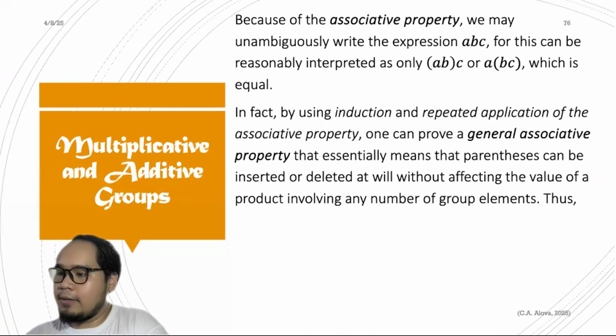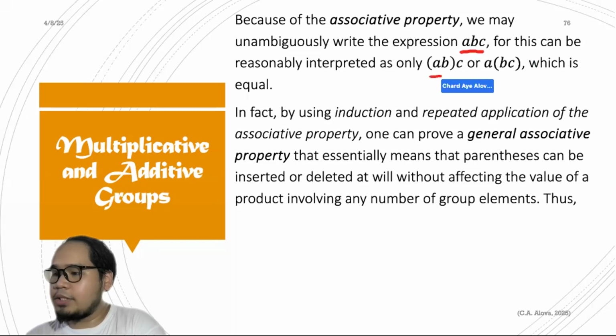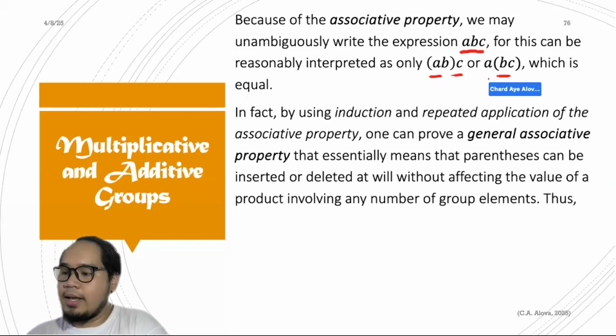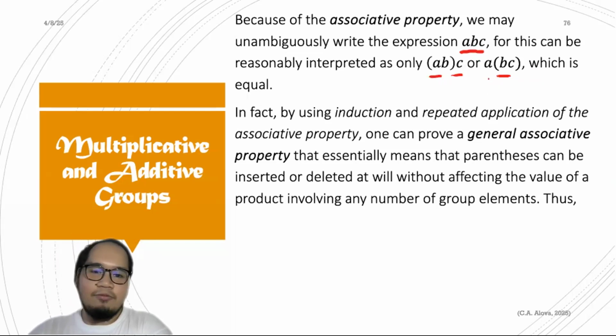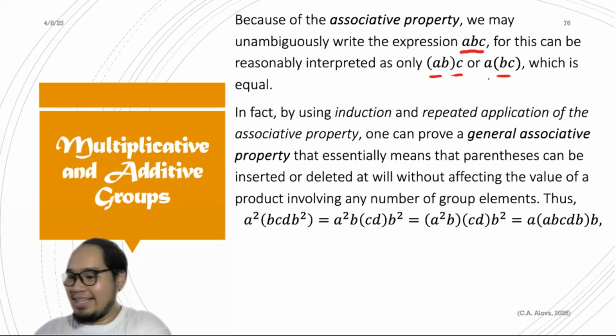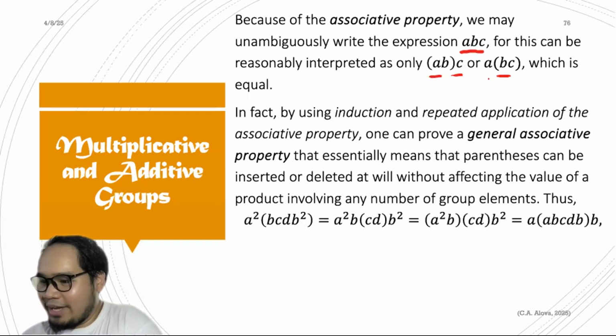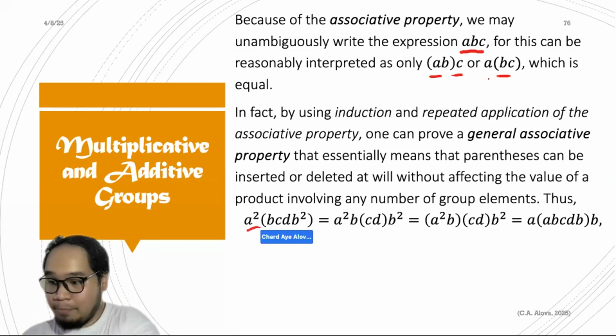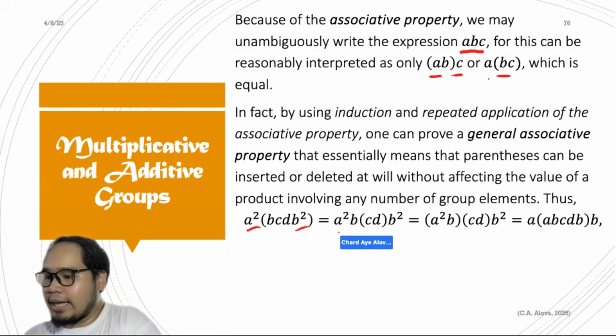So A times B times C can mean operating A and B first and then C, or operating B and C first and then A. In short, we have a general associative property which holds in these types. For example, a squared b times c times d b squared can be rewritten in several ways.